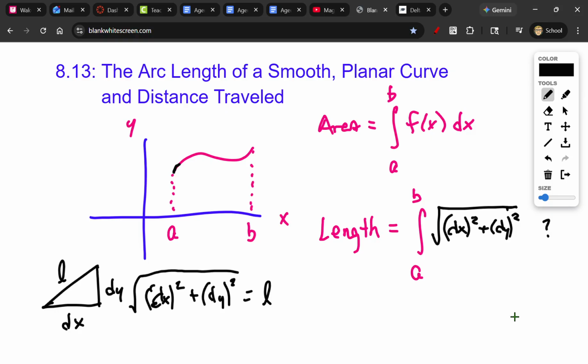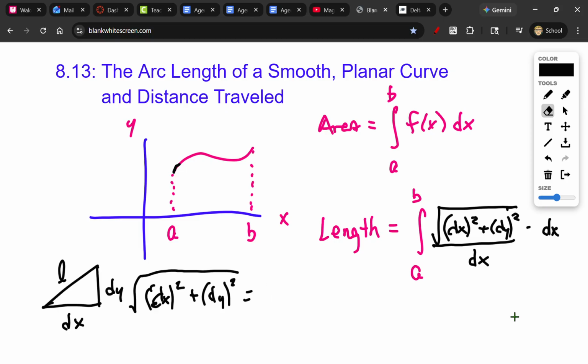I need to calculate the integral with respect to x. So in order to do that, I'm going to multiply the outside by dx and divide also by dx, and I'm going to try to put this inside this square root.